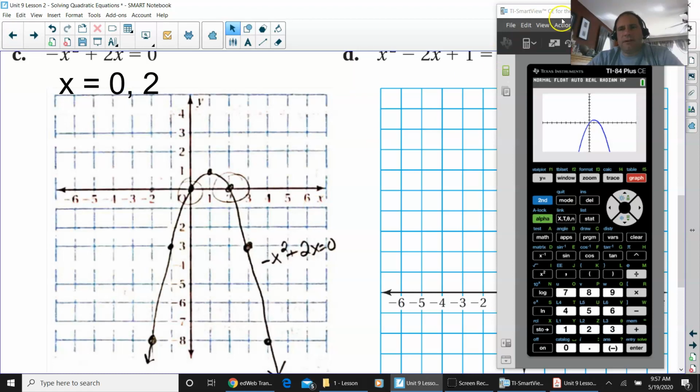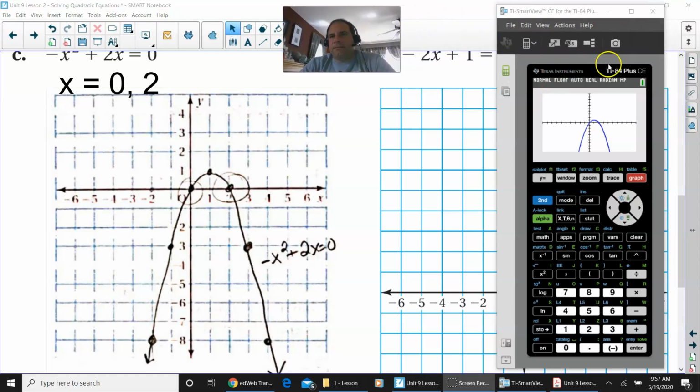This is really the first question that we had, a parabola facing down. So I just wanted to kind of just go over how you get the vertex, and we could do zeros as well.